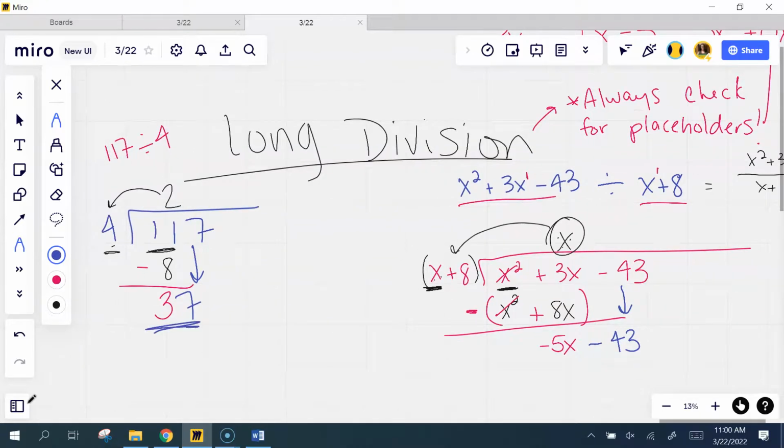Except this time I'm looking here. What do I multiply 4 by to get 37, or as close to it as I can get? 9. And it goes up here. So same process. What do you multiply x by to get negative 5x? Negative 5. It goes up top.